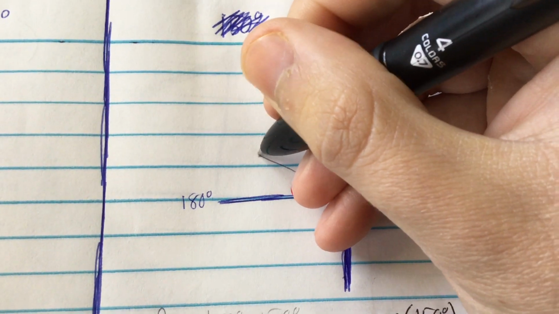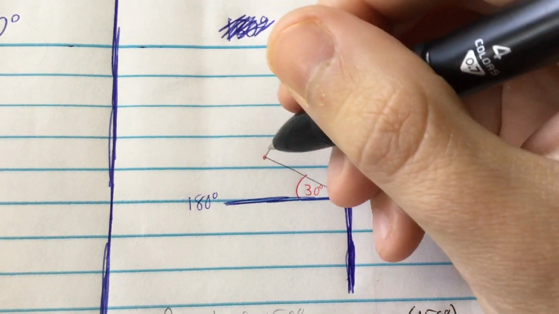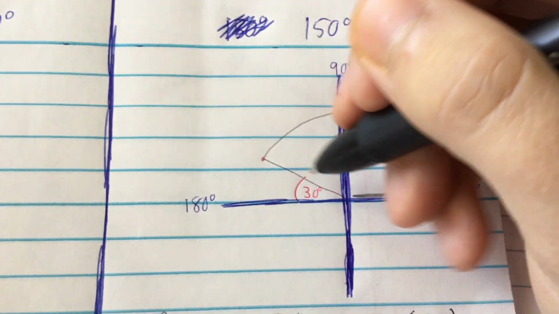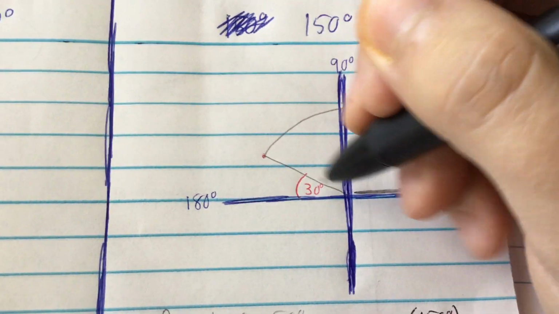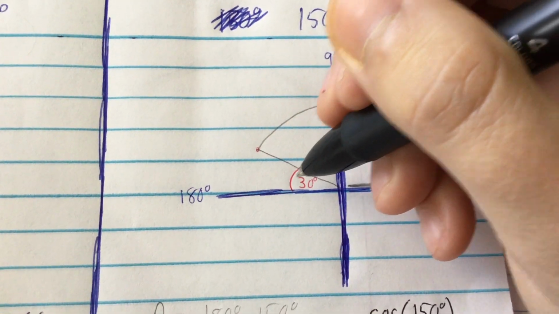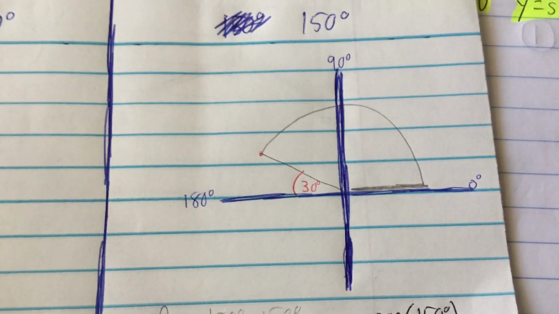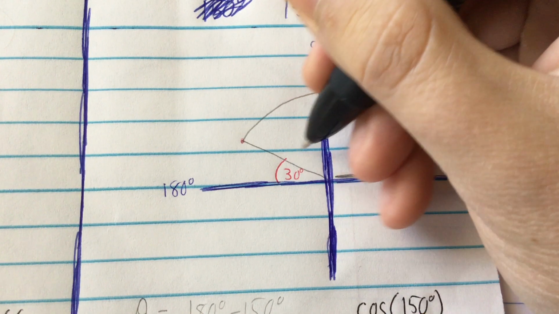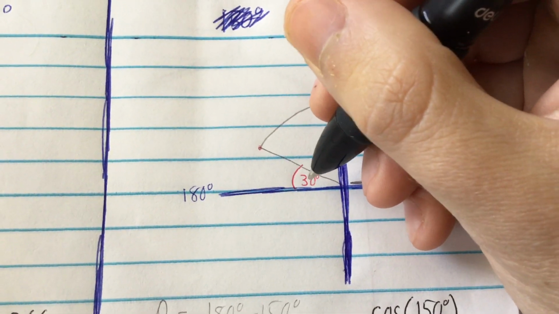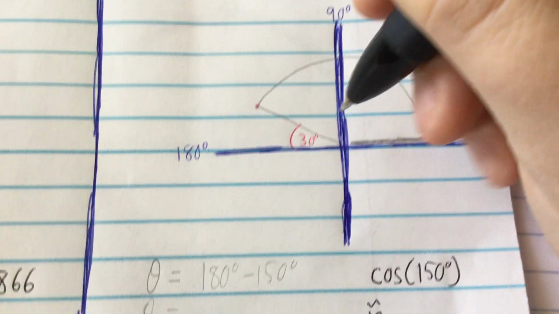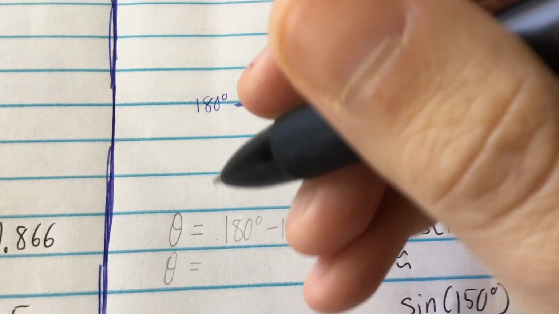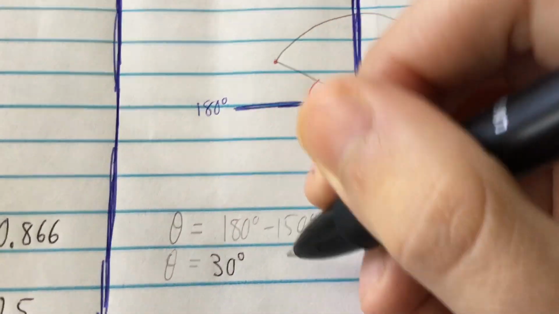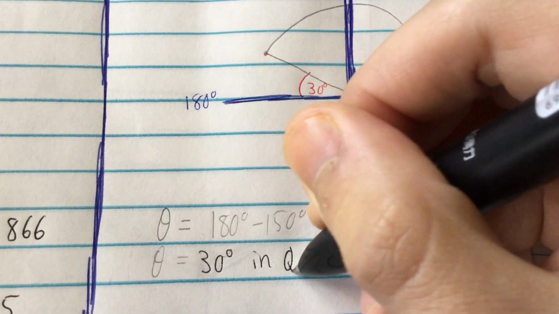So I sandwich the line that creates a terminal point, terminal meaning ending, with the x-axis, and this creates a 30-degree angle. Because if this black arc creates 150 degrees, then it sandwiches with the x-axis as a 30-degree angle. So therefore, we just notice that 180 degrees minus 150 degrees creates a 30-degree angle in quadrant 2.